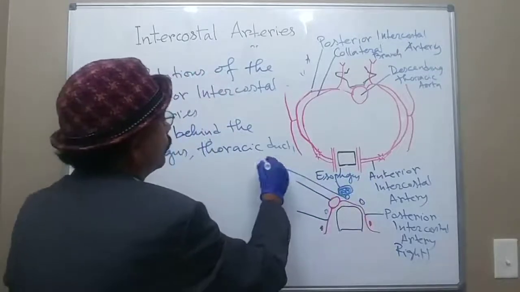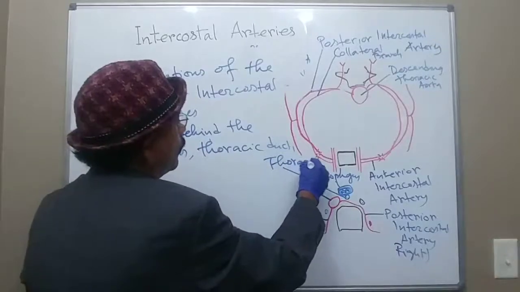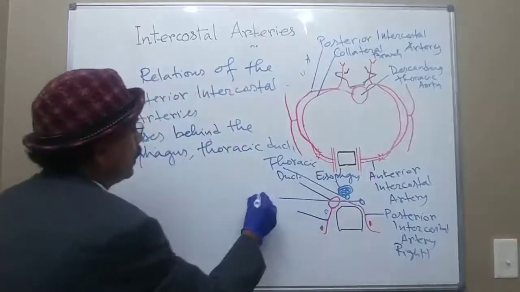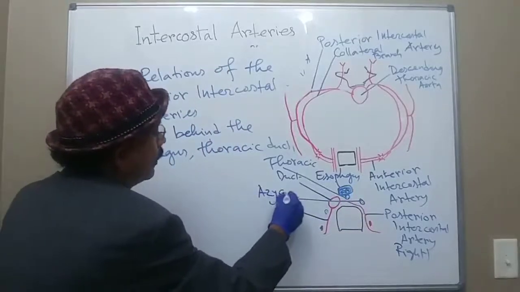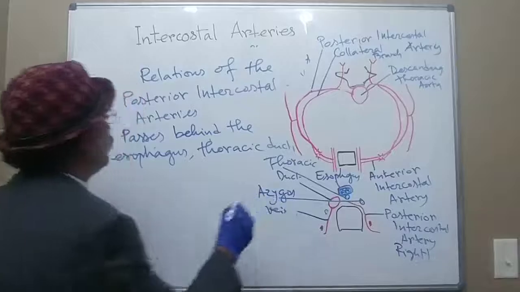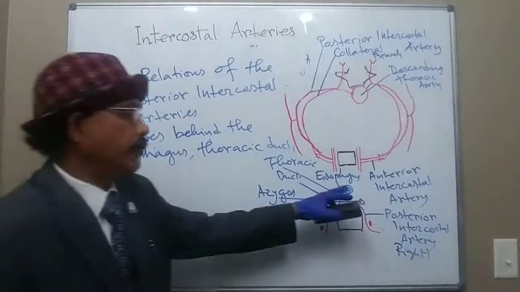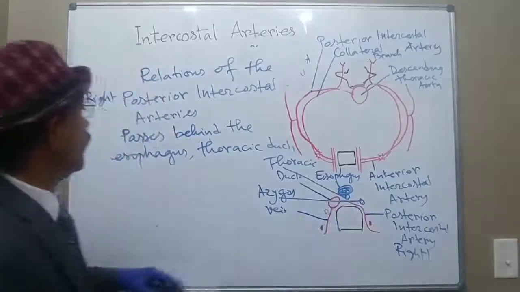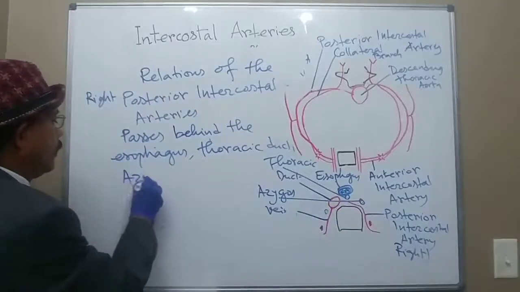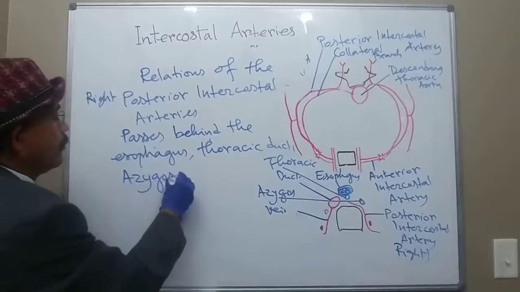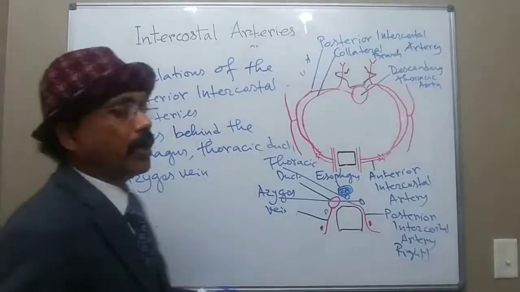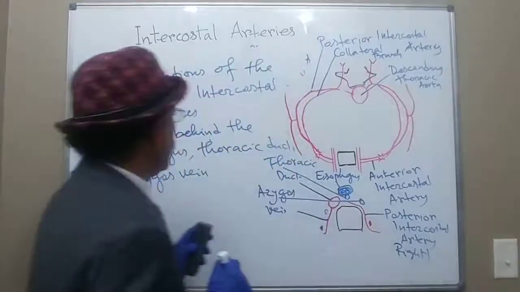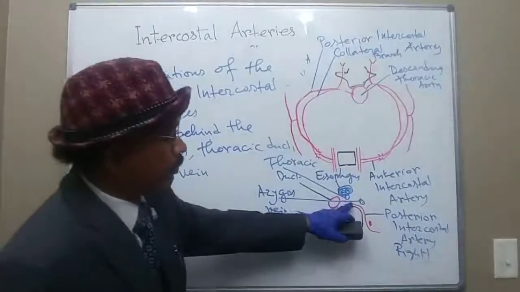This is what? Thoracic duct. Okay, this is what? This is the azygous vein. So it passes behind the esophagus, the thoracic duct, the azygous vein. We know that azygous vein is present in front of the vertebra, paravertebrally on the right side. Okay, so our artery passes behind it.